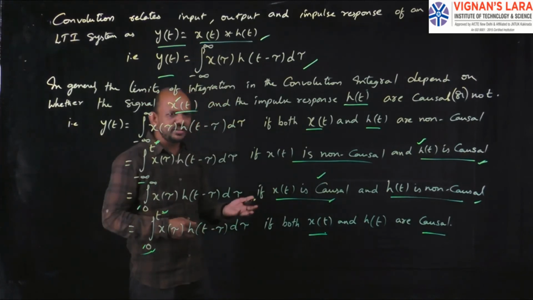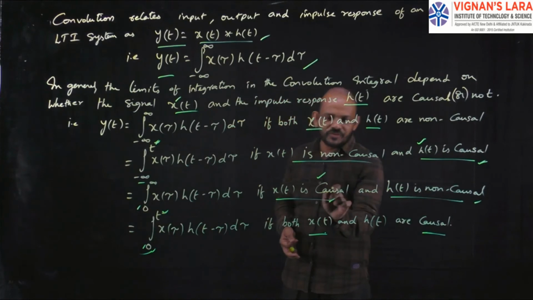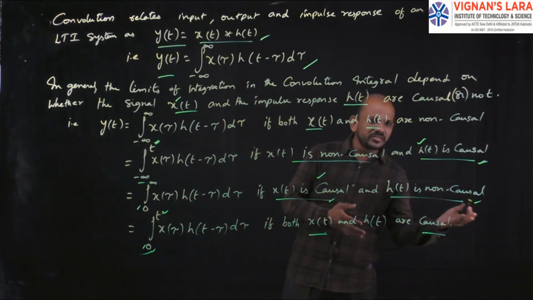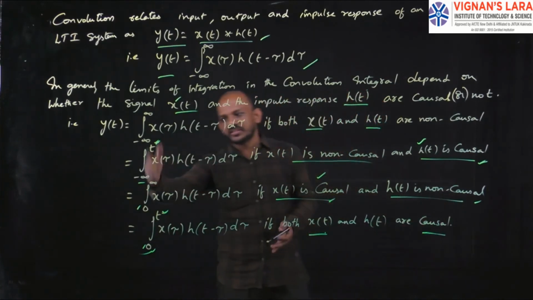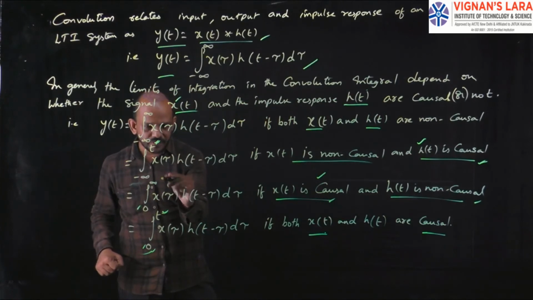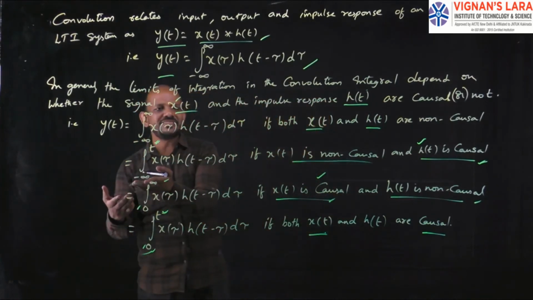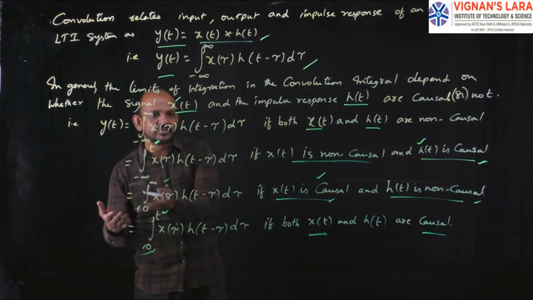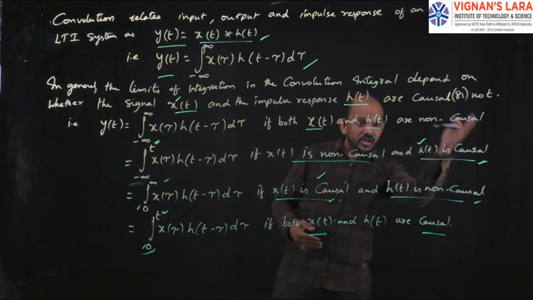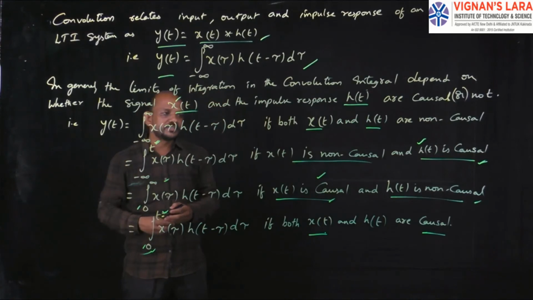If it is non-causal, then go for minus infinity to plus infinity. And see here, x of t is causal, that means it starts from 0, and h of t is non-causal. As it is non-causal, the upper limit is up to infinity. See here, x of t is non-causal, so the lower limit is minus infinity, and h of t is causal, so the upper limit is t.